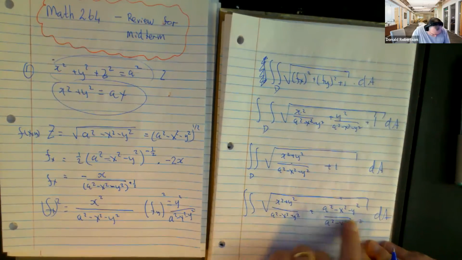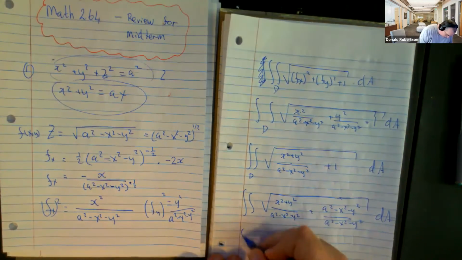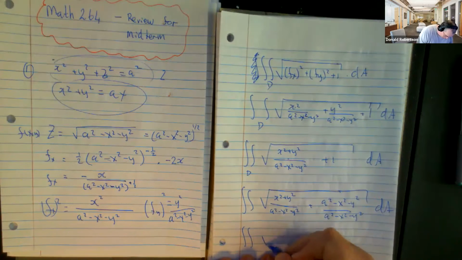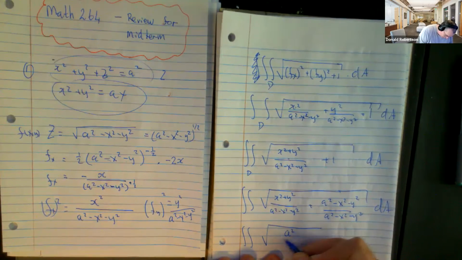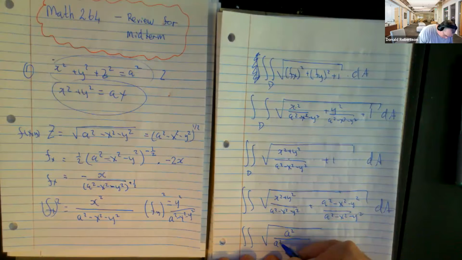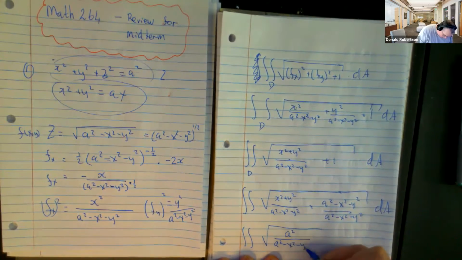And if you now add these fractions together, you end up with just an a squared on the top and this on the bottom.